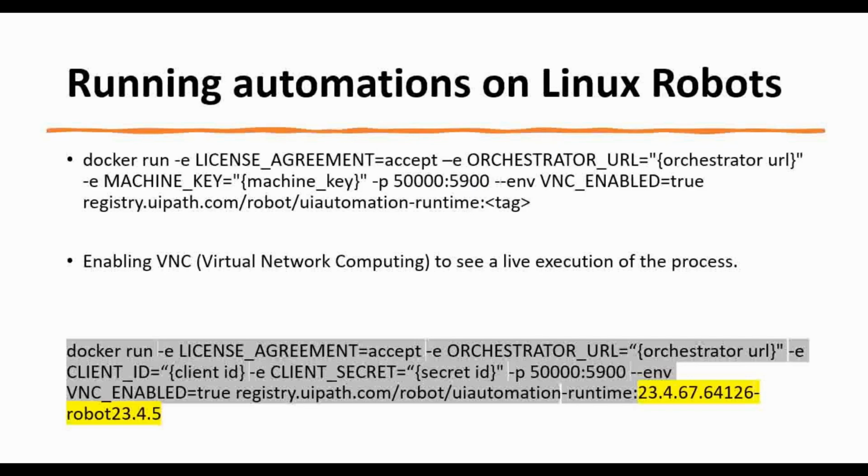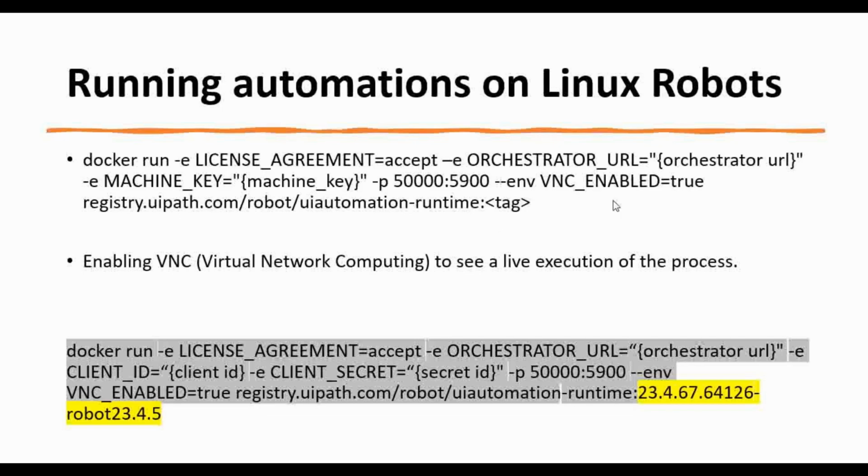If you want to visualize it, you can directly use this command: -p 50000:5900. This 50000 is the port that you're going to open to see that particular execution. If this port is busy, you can give another port, maybe 50001 or something. Then --env VNC_ENABLED=true.